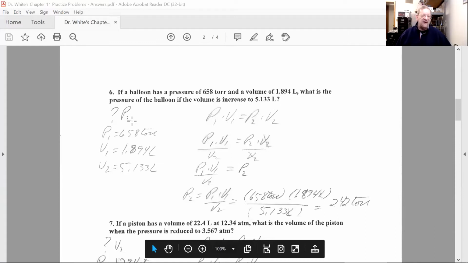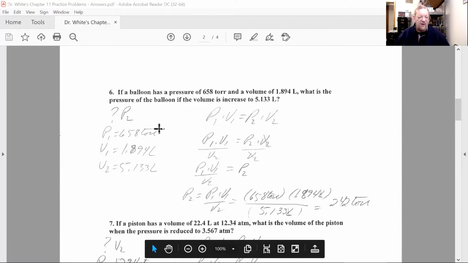Well, what are you trying to find? A pressure after you've changed something, which means that's P2. What are you given? The initial pressure is this, P1. The initial volume is this, V1. And the final volume, which is what you're going to increase it to, is this.